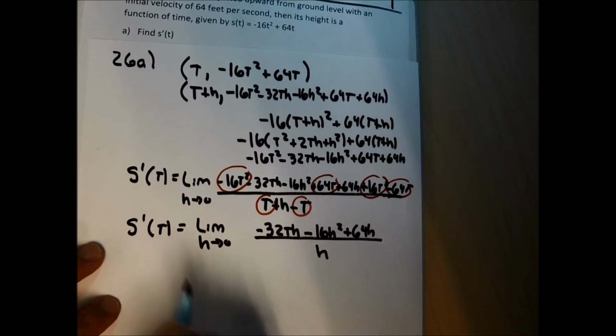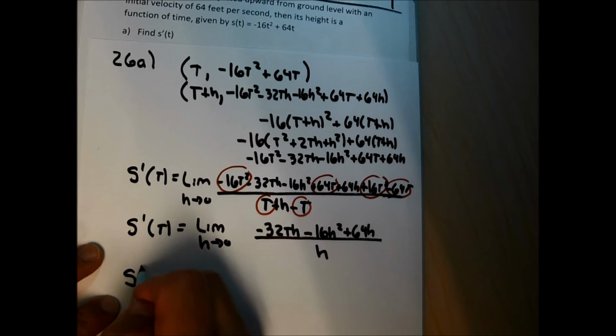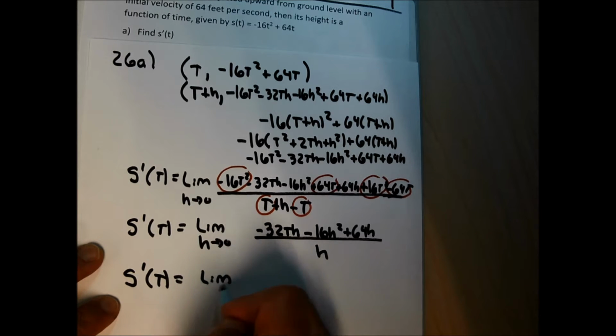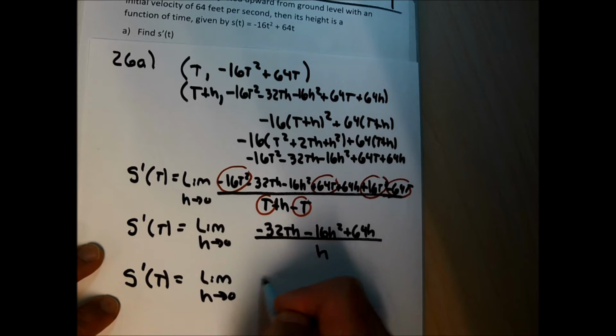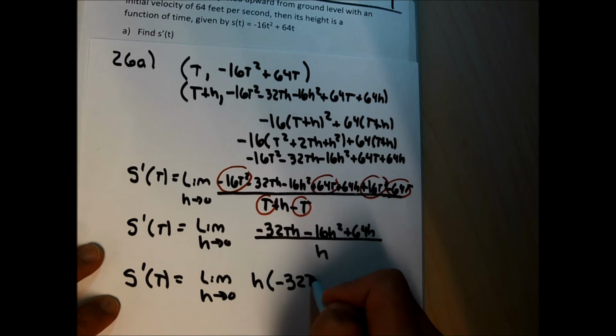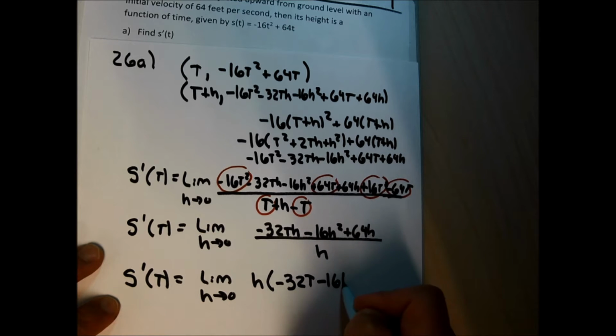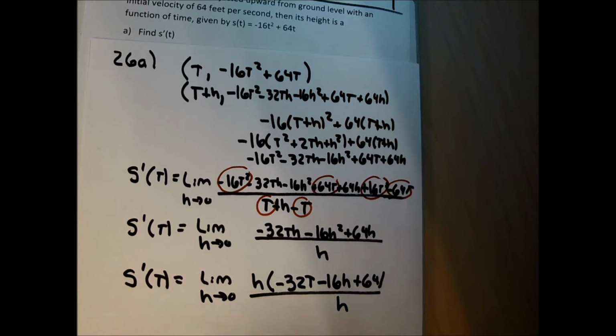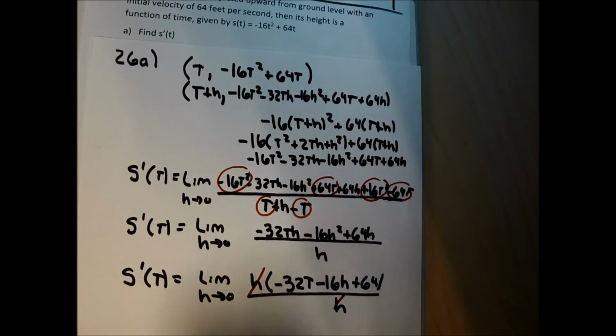I factor out a common factor of h in the numerator. I get s prime of t is the limit as h goes to 0 of h times minus 32t minus 16h plus 64, all over h. And now I cancel out the h's.